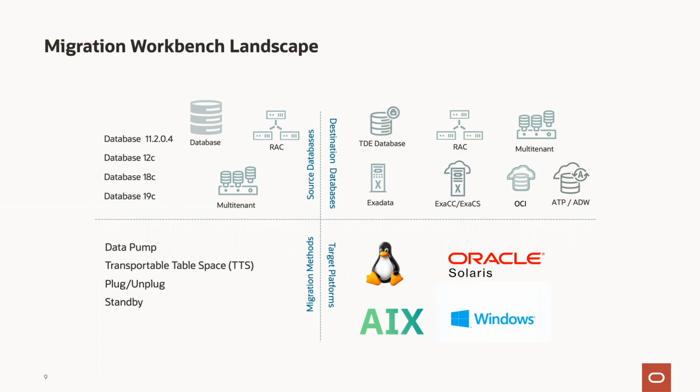All these can be done with various migration methods like Data Pump, transportable tablespace, plug and unplug, pluggable databases, and via standby. And you can do all these things on various platforms, whether it's AIX, Oracle Solaris, Oracle Linux, and also the Windows platform.